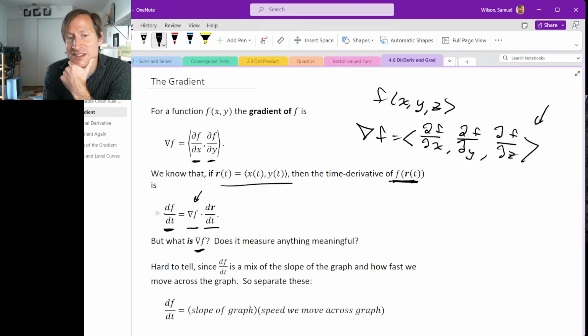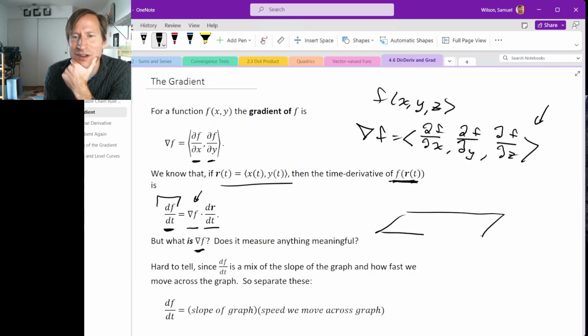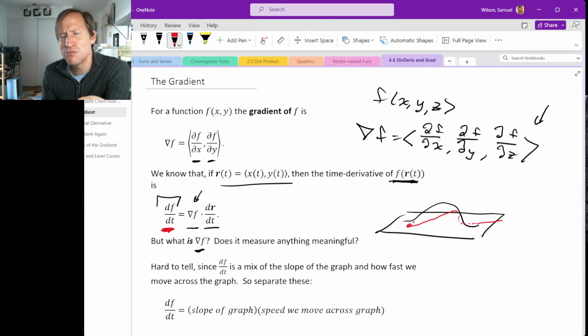One thing that is making this a little difficult is that this derivative, df dt, if we have some graph like this, and we're moving across the graph, maybe around here and then over the backside and then out there, the rate of change of f with respect to t as we move along our path is made out of two pieces.